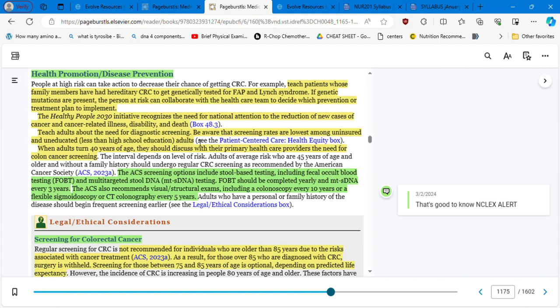When adults turn 40 years of age, they should discuss with their primary healthcare providers the need for colon cancer screening. So here come nurses, our voluntary work. There are many people you know, I know, that don't have health insurance, and they know that probably their immigration status is not complete in this country. But we know them from the church, we know them from community places, maybe from the library.